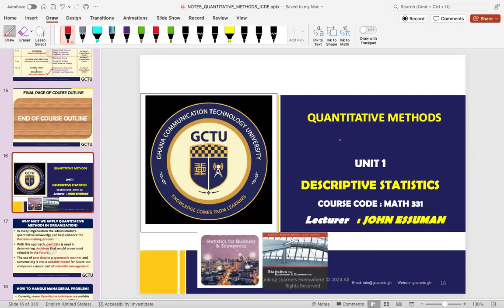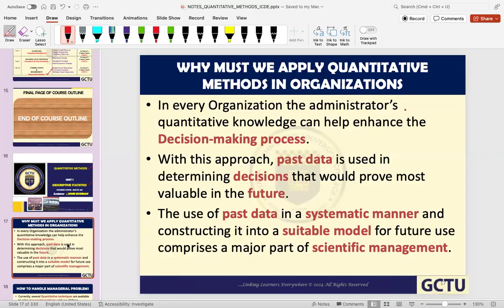Now, the course title is Quantitative Methods, and our unit 1 is Descriptive Statistics. But let's first look at quantitative methods, and then we can look at our first topic today. The question is, why must we apply quantitative methods in organizations?